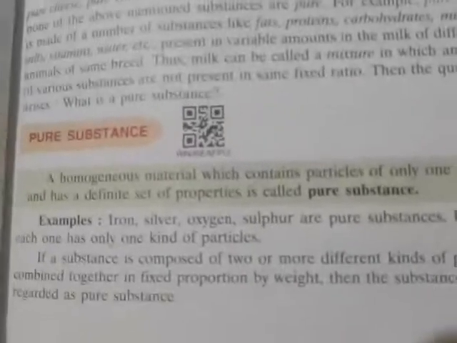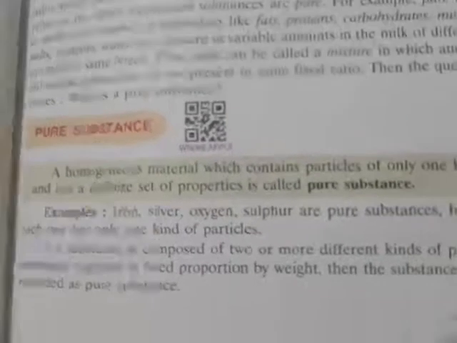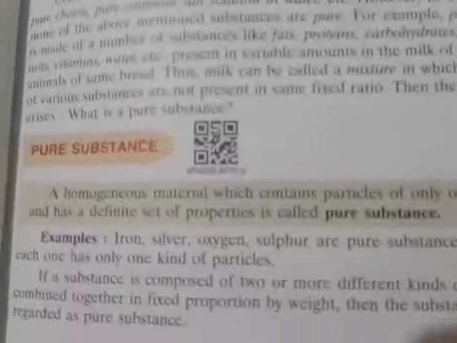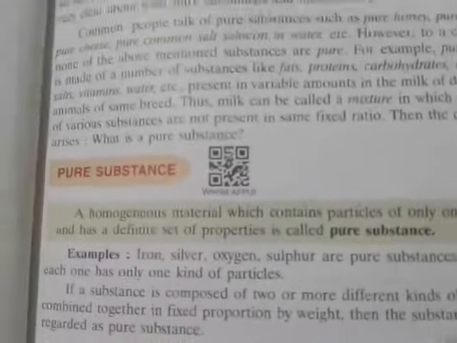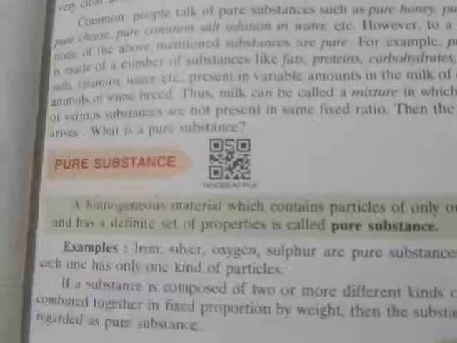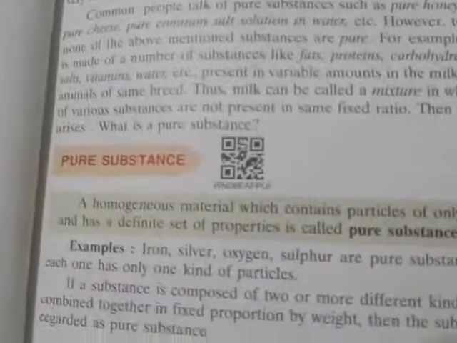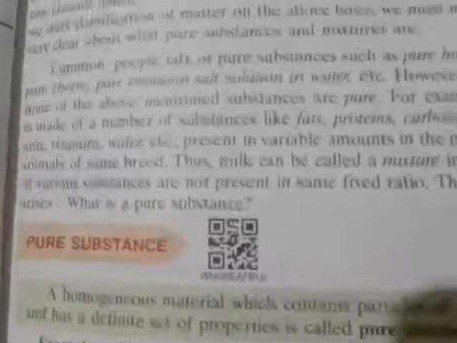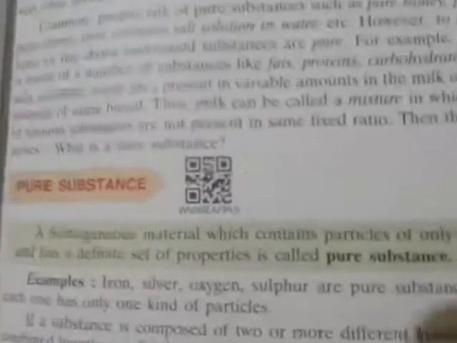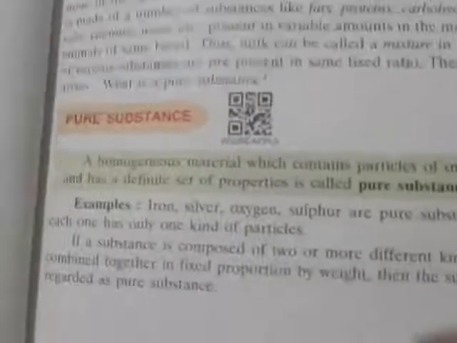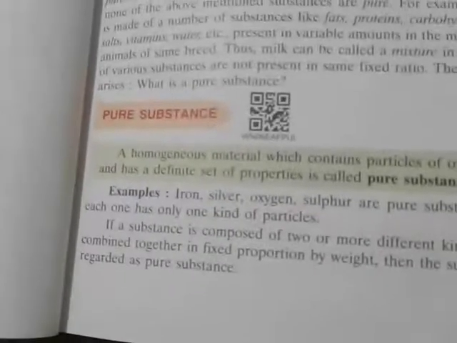If you see that particular atom, only one kind of atom is present. Means whenever the material contains particles of one kind, and the whole atom having similar properties, it is called a pure substance.